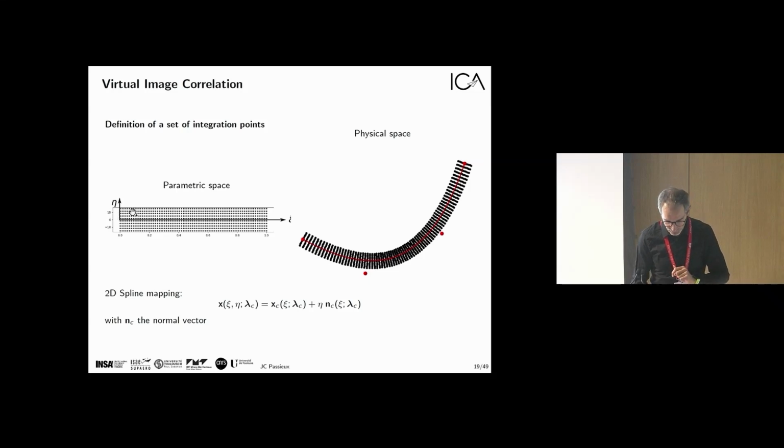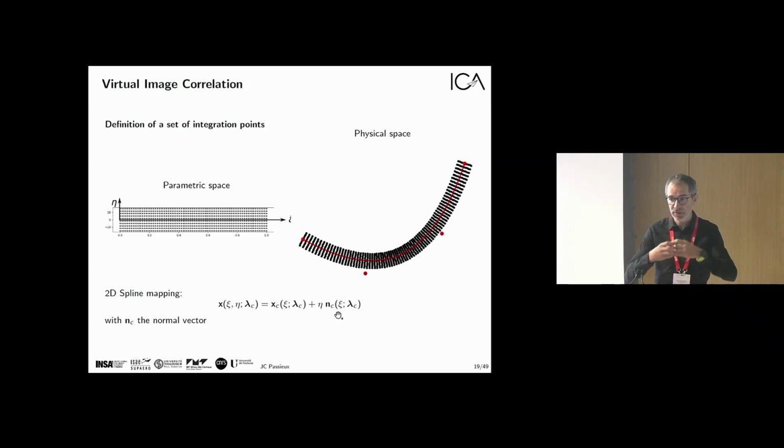It means that if you have a point 10 pixels above in the eta direction, you just map the point to the center line and go 10 pixels in the direction of the normal to the spline.